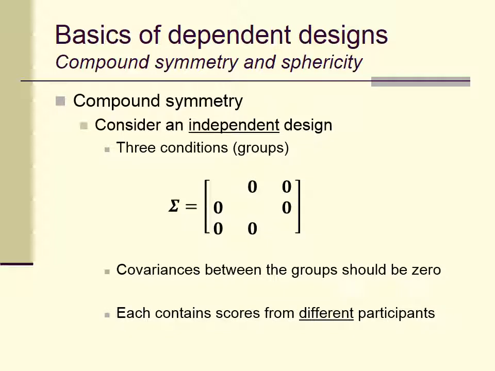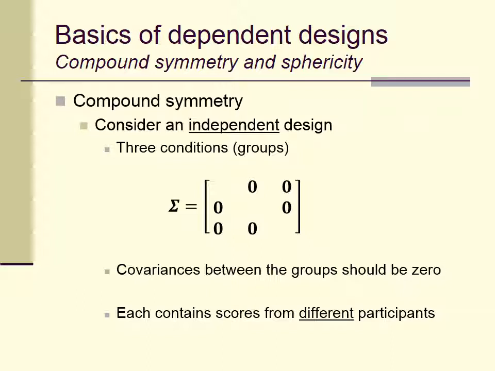Well, consider an independent design. Again, this would be a design in which we have 3 different groups which are non-overlapping, which contain different people. In such a case, we had group A, group B, and group C, and they're each being measured on some variable, and we're looking at differences between those groups, we would expect the covariances between those groups to be 0, at least in the population.